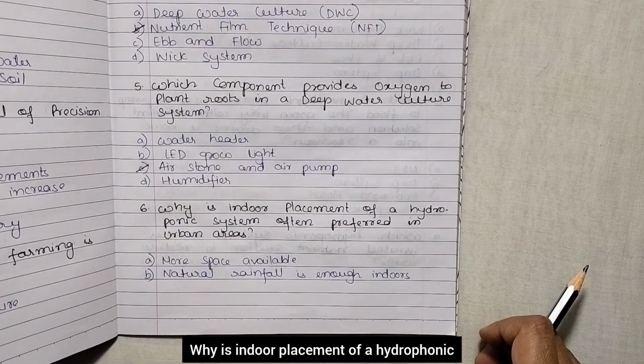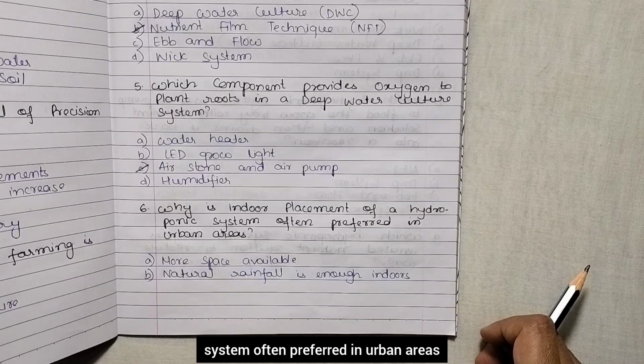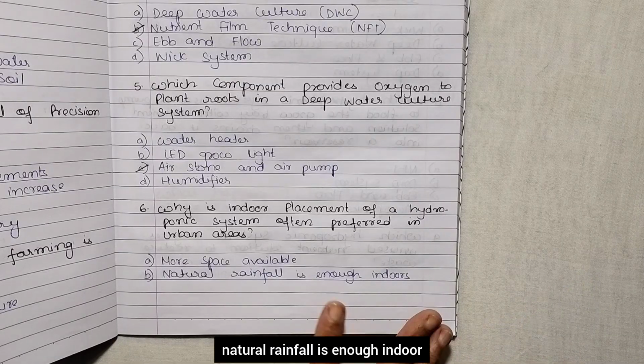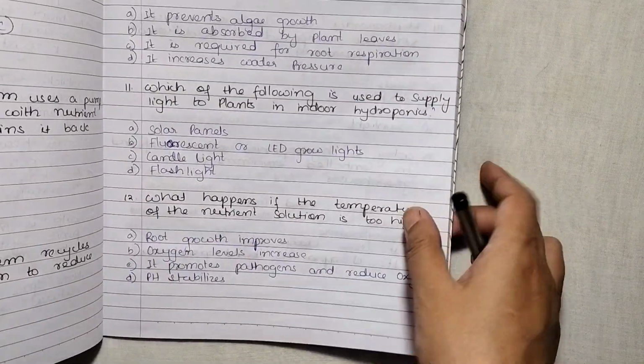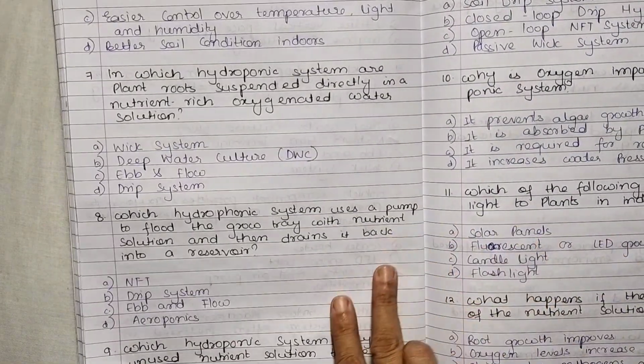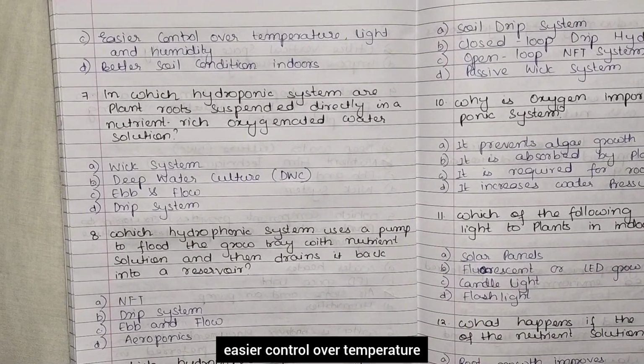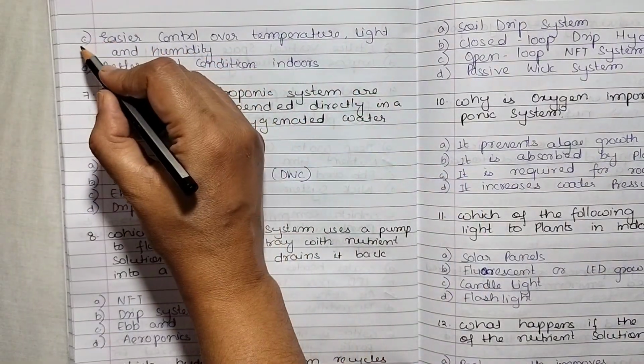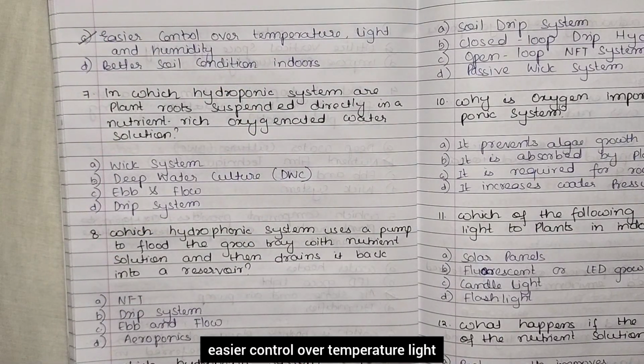Why is indoor placement of a hydroponic system often preferred in urban areas? The options are more space available, natural rainfall is enough indoors, easier control over temperature, light and humidity, better soil condition indoors. So easier control over temperature, light and humidity.